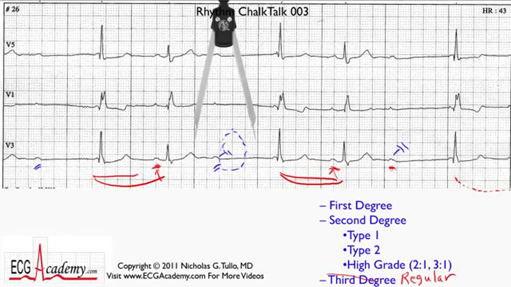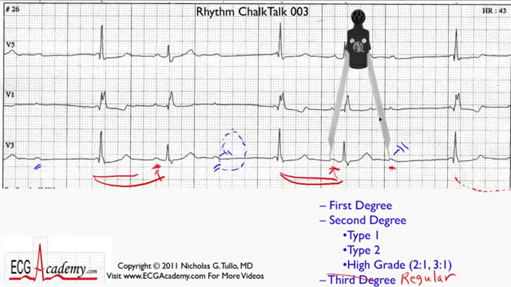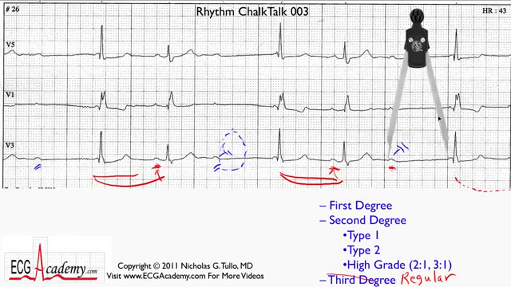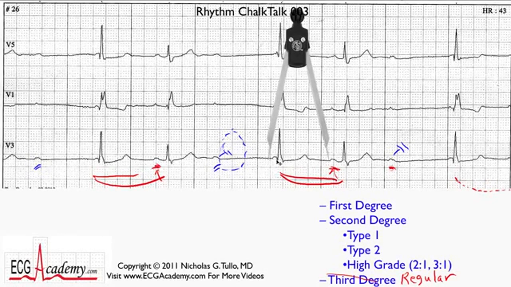First, we'll move the calipers to where we think there are 2 P waves in a row, and I've already adjusted the calipers to the right rate. And so what happens if we move this caliper over to the next beat, and you see that there's a P wave there that's just in front of this QRS complex. And if you measure back from this P wave, you see that it lands on top of this P wave.